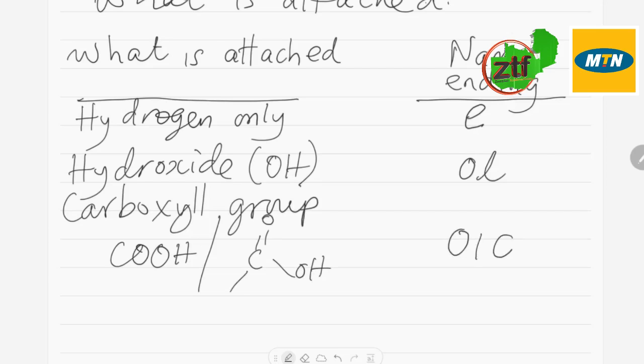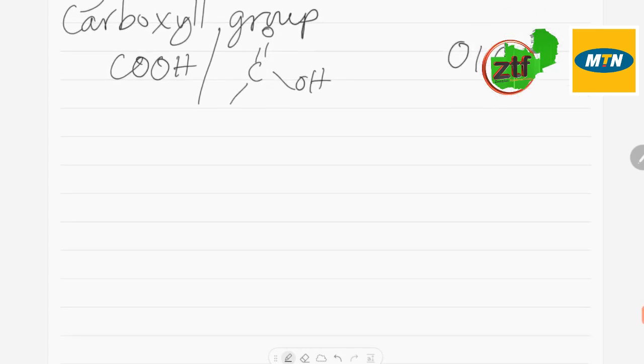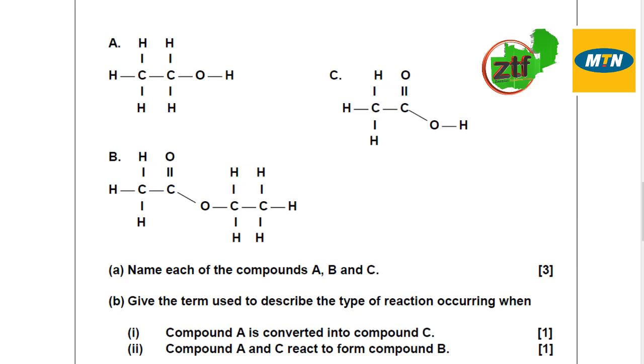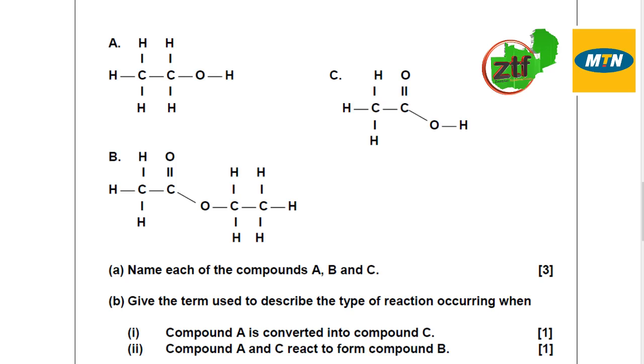So having known the procedure on how these compounds are named, let's go back and name our compound A. So let's consider the first part.